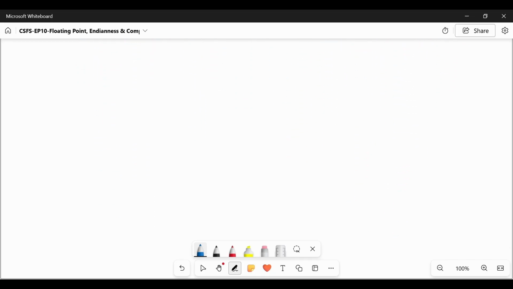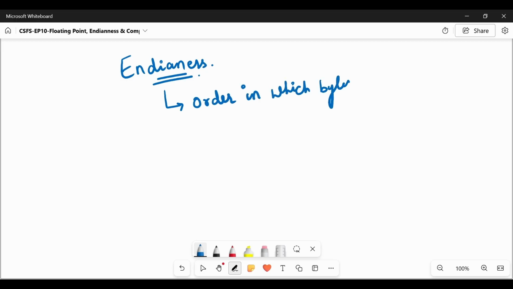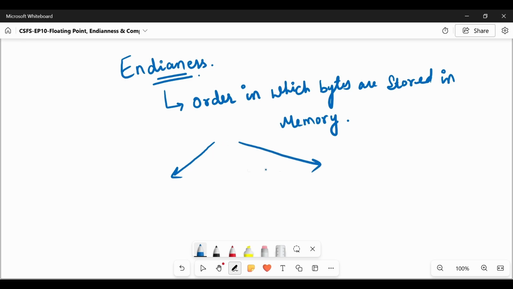Now let us move to one of the most important topics, that is endianness. Endianness simply means the order in which bytes are stored in memory.